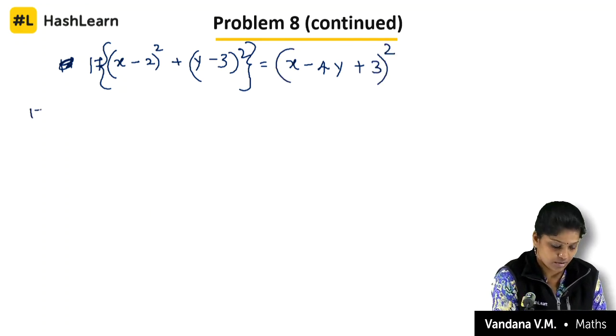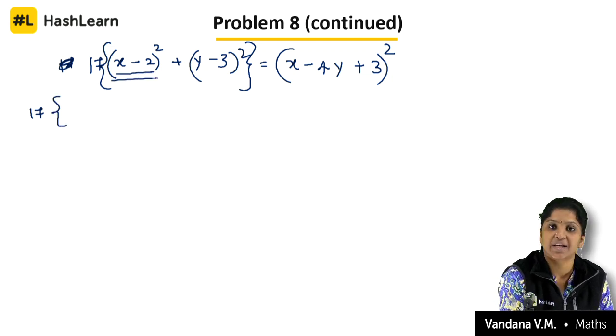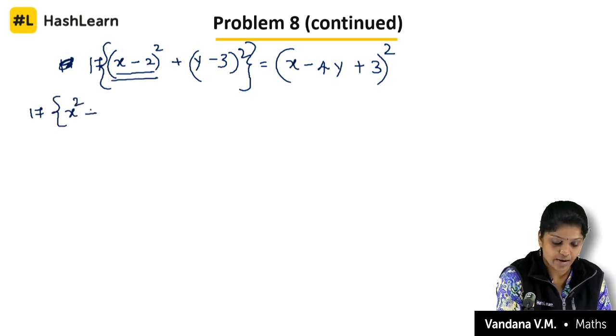Clear? So expand this. (a minus b) whole square is a square plus b square minus 2ab.